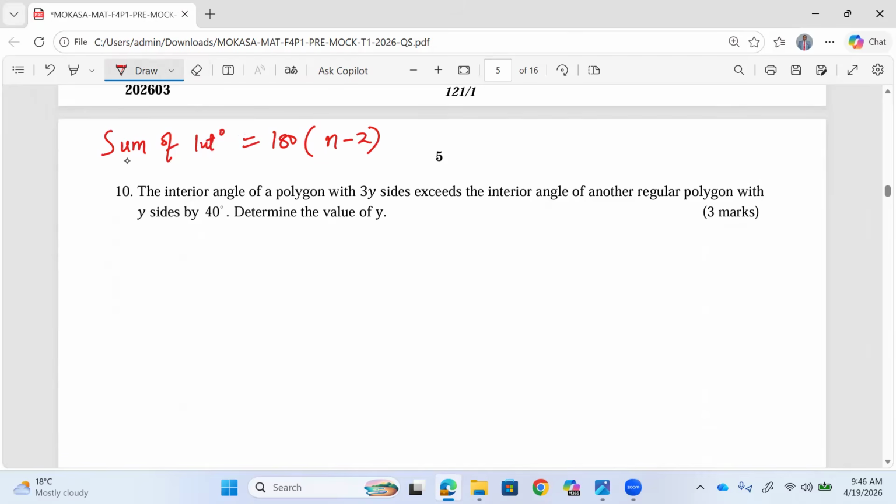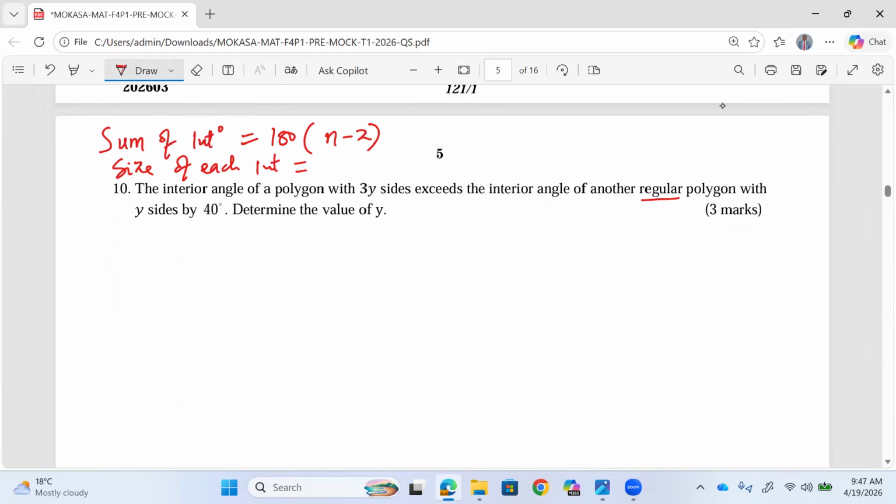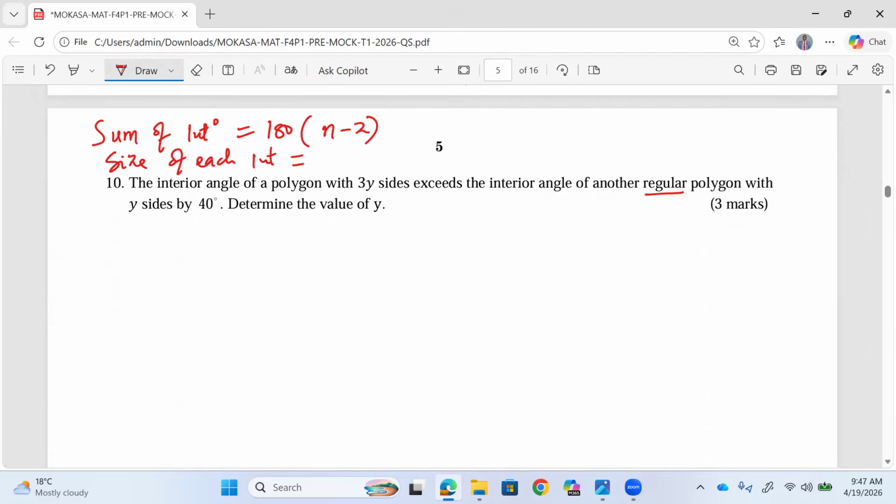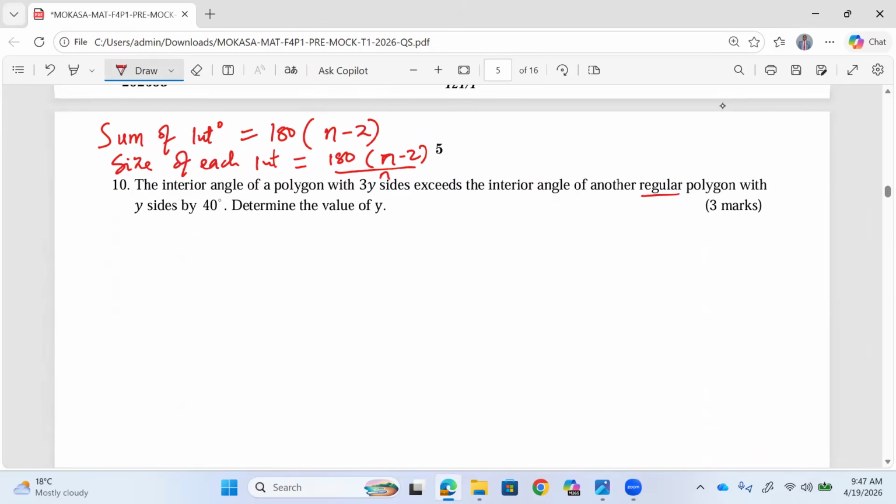Then the size of each interior angle, because we got the sum and the polygons are regular, it means all the sides are equal and also all the angles are equal. Then we can talk of 180 into n minus 2 over n. So when you divide by the number of sides or the number of angles, you get the size of each.